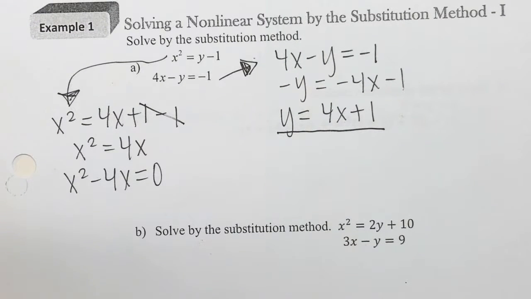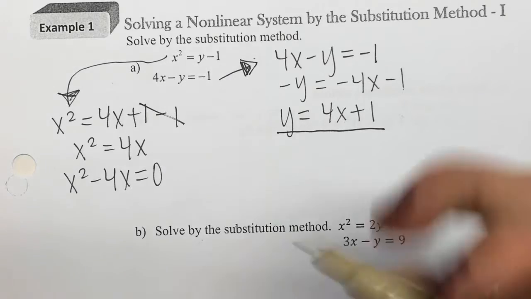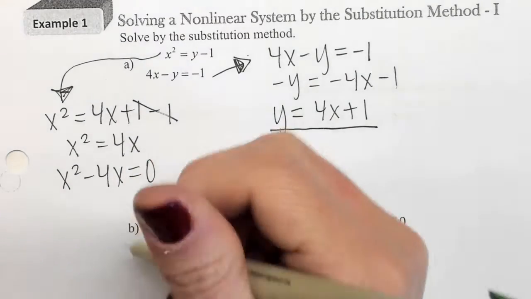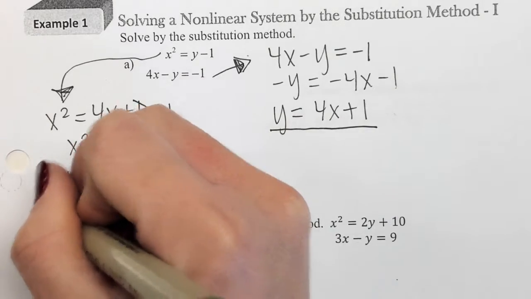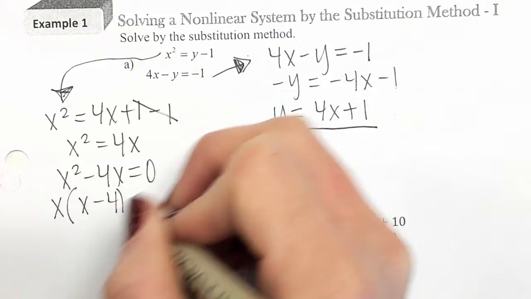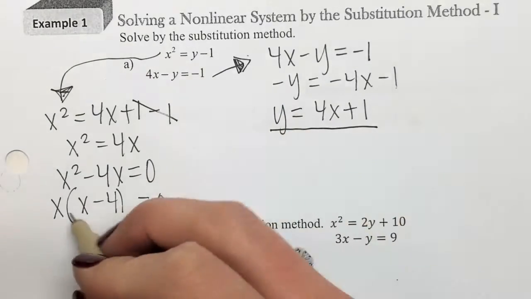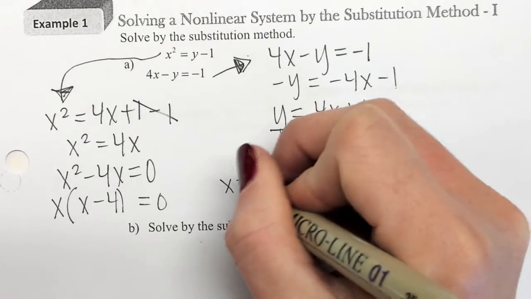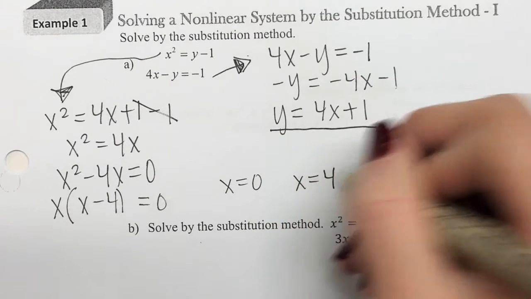Factor. That's why it's in the math workshop. It's never going to go away. It's going to follow you all throughout your math careers. So what can I take out? And what goes in the middle? So when we set these both equal to 0, one of them will be what? And one of them will be good.